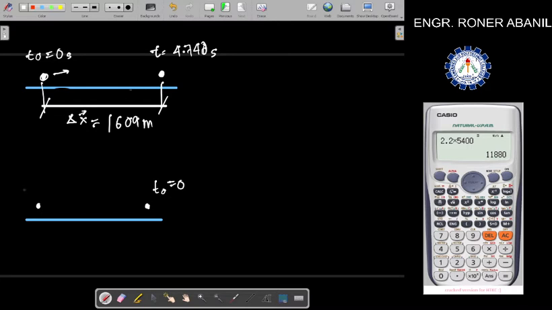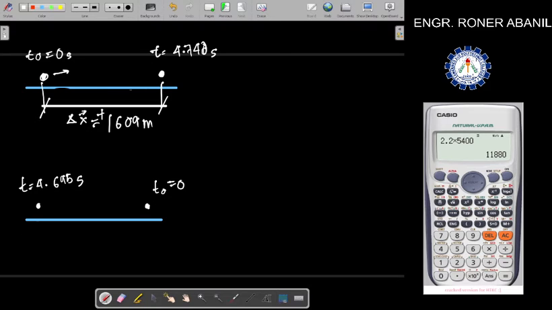Ang kinovered na time daw dito is 4.695 seconds. So yung tinakbo niya dito, papunta doon, is nagbigay ng positive doon sa change of distance natin.